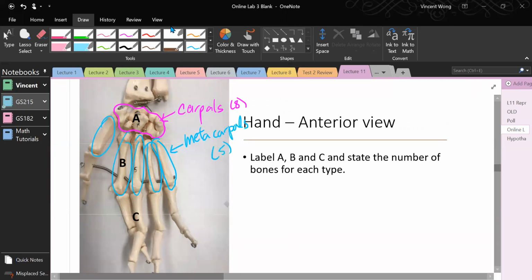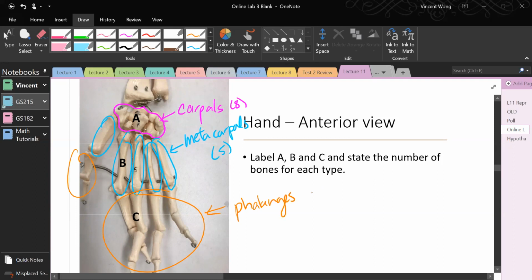And all the finger bones, those are the phalanges, which you have 14 of. 3 on each of these 4 fingers, and then 2 at the thumb. So 3 times 4 is 12, 13, 14.